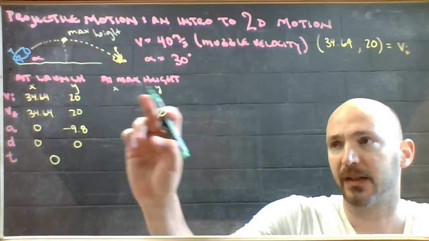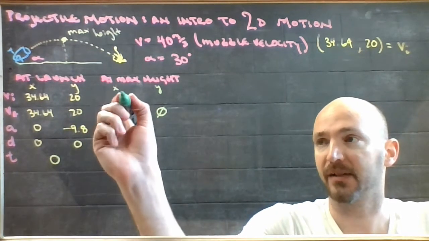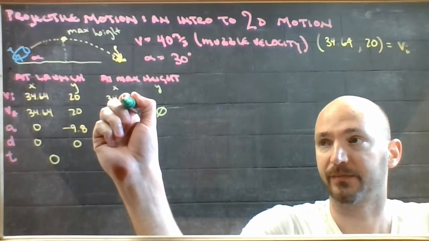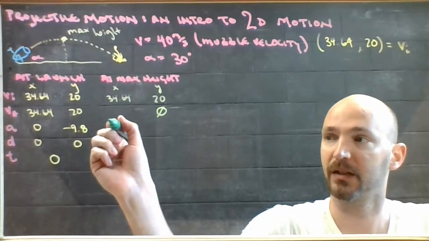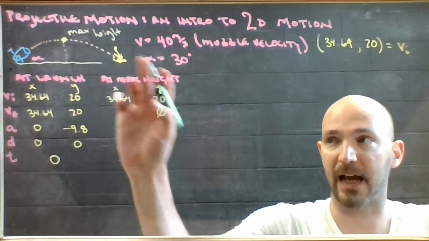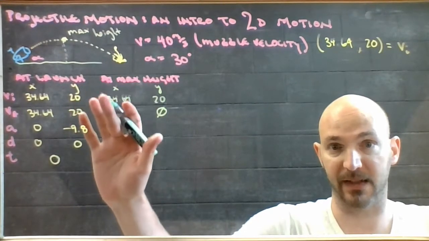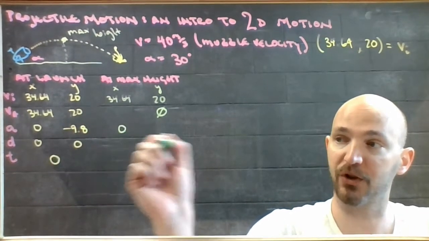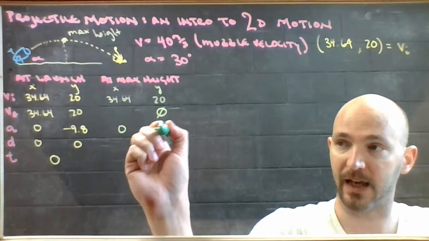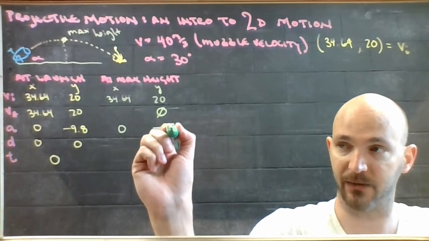I'll be able to fill in these things. The initial speed in x was 34.64. The initial speed in y was 20. Final speed in x at the max height, I don't know because I haven't done any calculations yet. My acceleration remains no push horizontally and a negative 9.8 acceleration vertically.